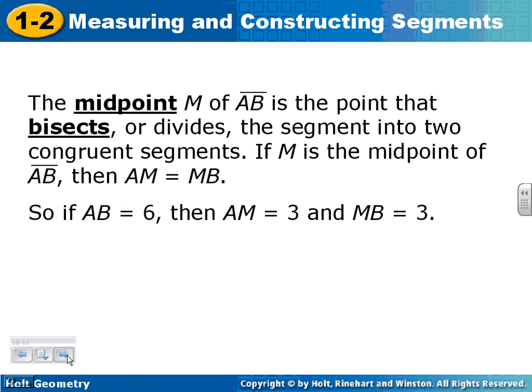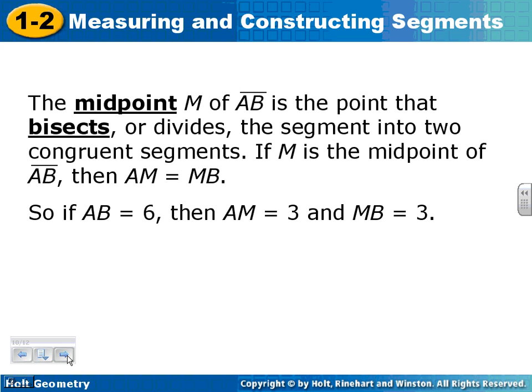Let's keep moving. Midpoint. The midpoint M of line segment AB is the point that bisects or divides the segment into two congruent segments. In other words, it splits it exactly in half. If M is the midpoint of AB, then AM, so the left side, equals MB, the right side.